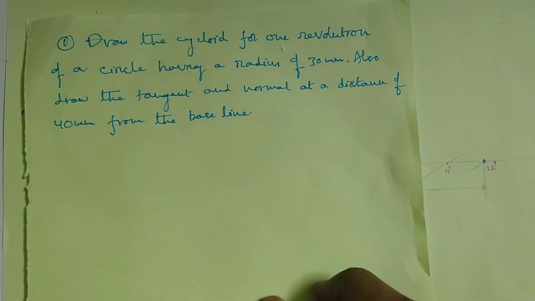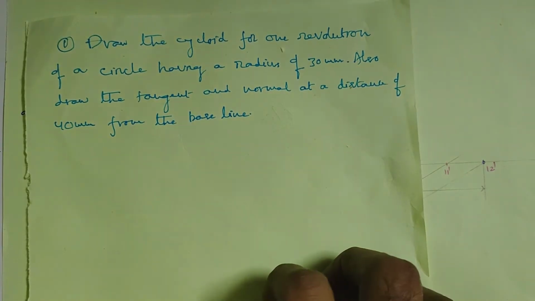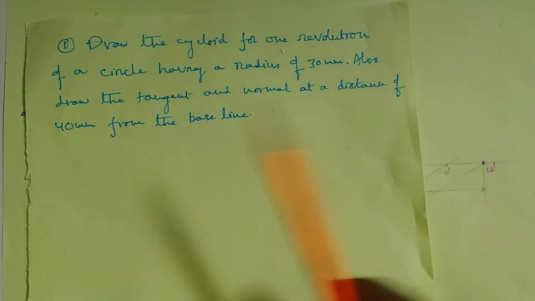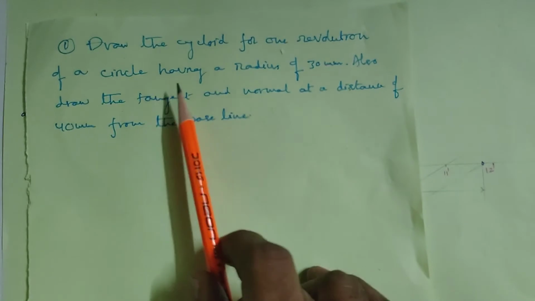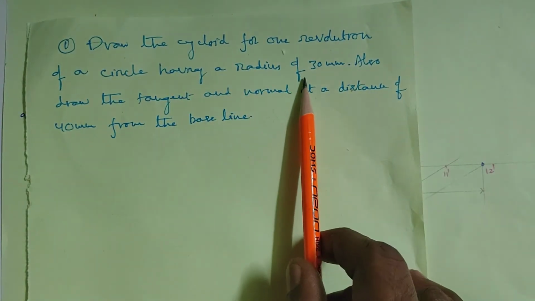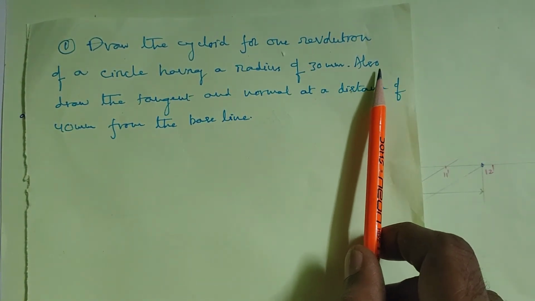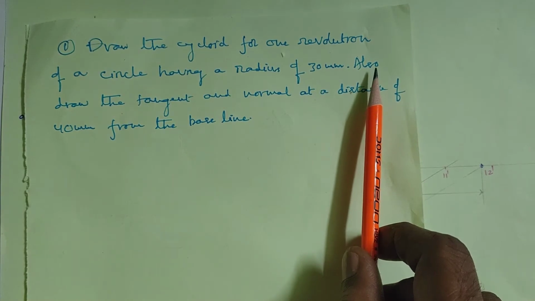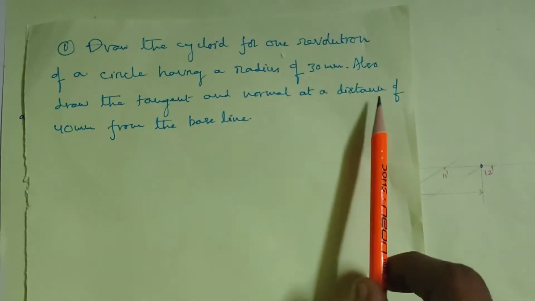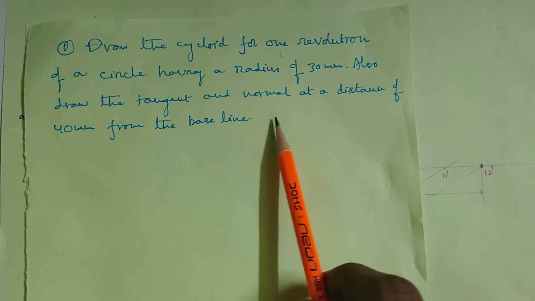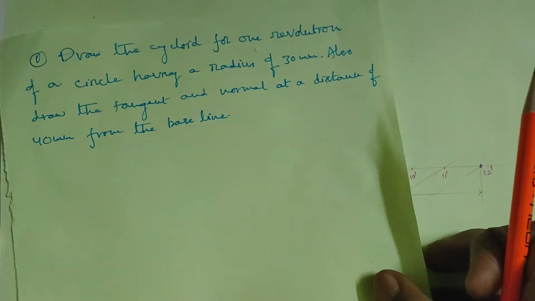Let us consider a problem. Here we have to draw the cycloid for one revolution of a circle having a radius of 30 mm, and we have to also draw the tangent and normal at a distance of 40 mm from the baseline or reference axis.